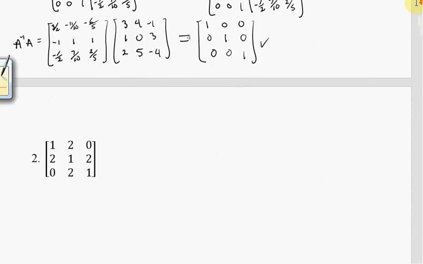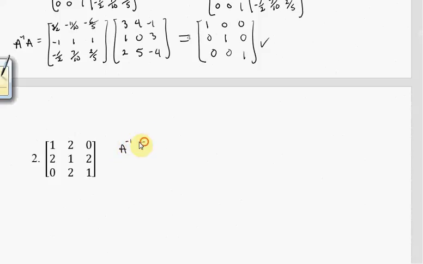Now, because my time is of essence, I would need you to do this second one. Let me give you the inverse. And so when you work it, don't have time to do it now, but you can do it later.